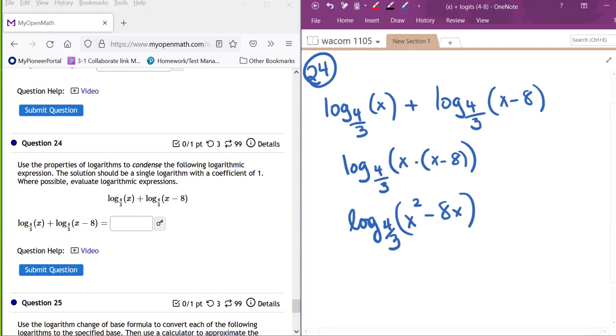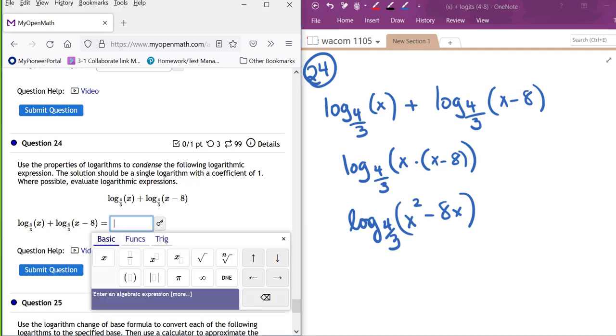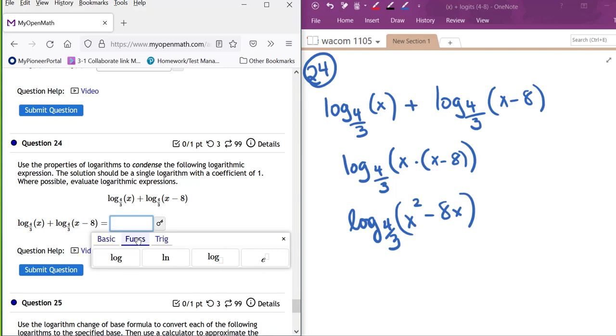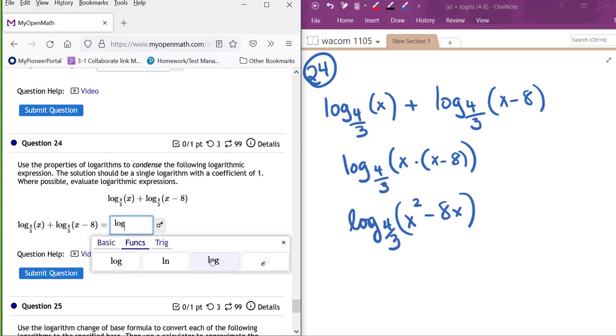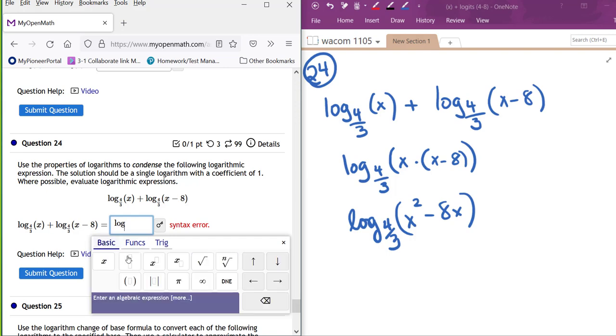So if we do need to multiply, it would be this. So let's enter it. Log. Whoops, that's not the log I want because that one would be base 10. I need the log with the box underneath. And in that underneath spot, I need to put a fraction.